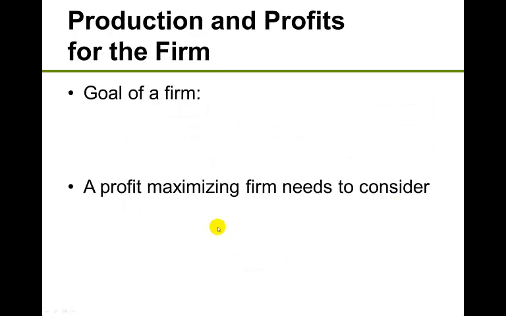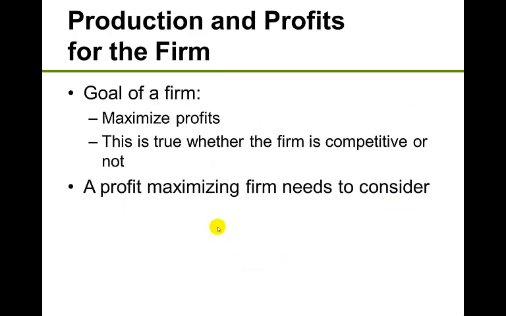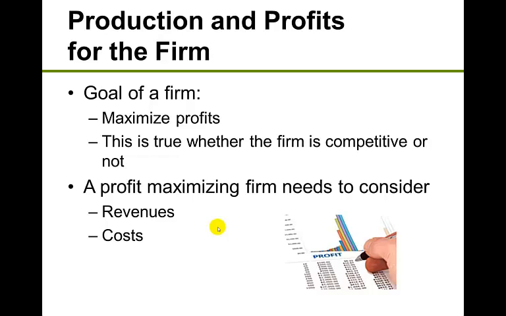So a firm living in perfect competition has the goal of every other firm, trying to maximize your profits. And if you're a firm trying to maximize profits, you need to consider revenues and costs, since profits are revenues minus costs.